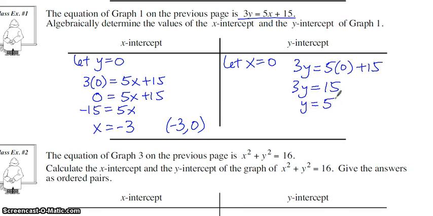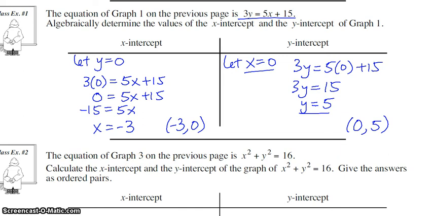Here we go, y is 5. So the y-intercept is 5. You can also write the coordinate of this y-intercept: (0, 5). Why is the 0 first? Because it's (x, y). So for this graph, there's only one x-intercept and one y-intercept.